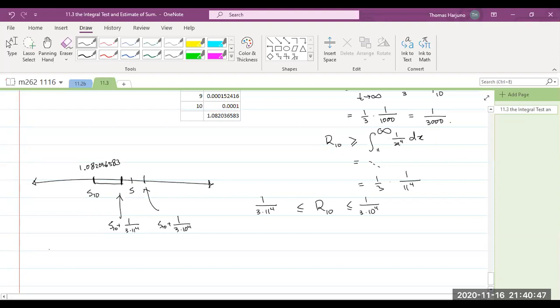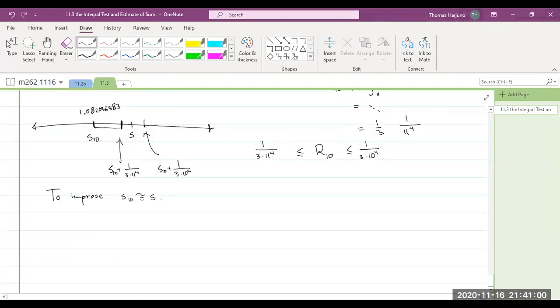To improve the estimate, we estimate S10 to be equal to S, right? Now I want to improve this. To improve this S10, I will do the following. I will say that S is now approximated by S10 plus the average of those two: 1 over 3 times 11 to the 4th plus 1 over 3 times 10 to the 4th, over 2.